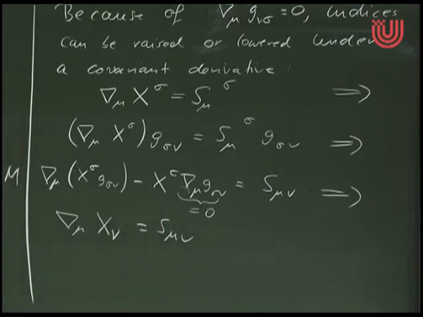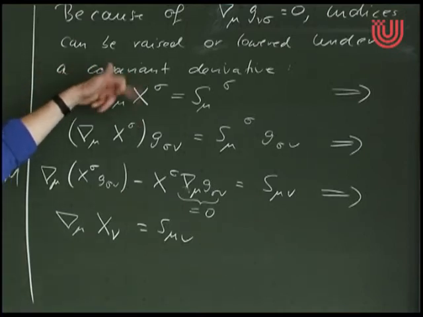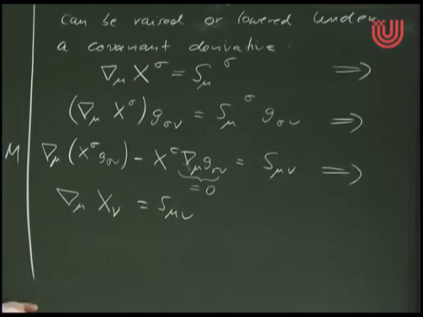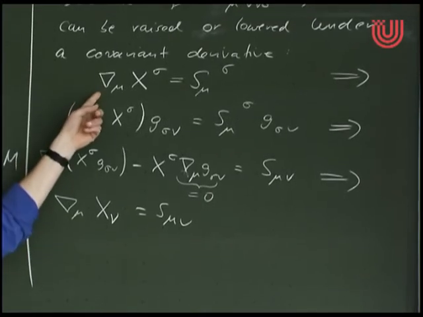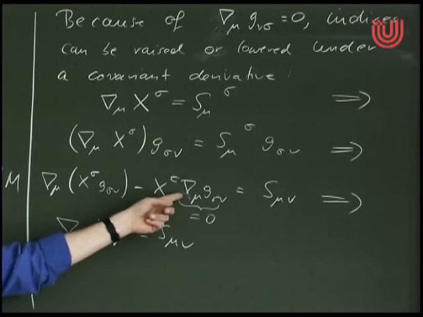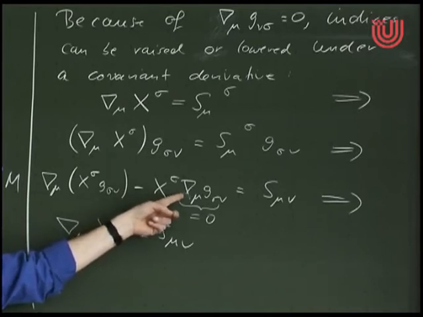So if you have done this once in your life, then you just remember as a rule, I can raise or lower indices under the covariant derivative. I don't have to be careful about this. But you do have to be careful if this is a partial derivative. Yeah? Because for partial derivatives, this does not hold. The partial derivative here, of course, would not be 0.